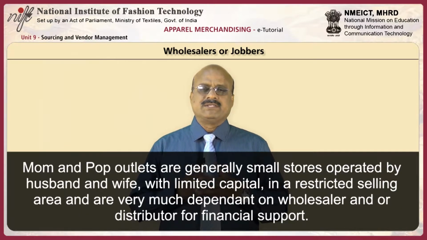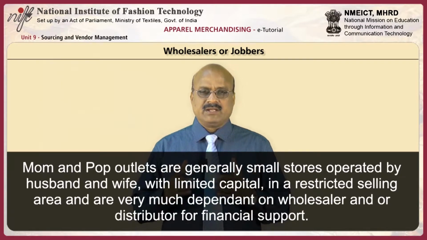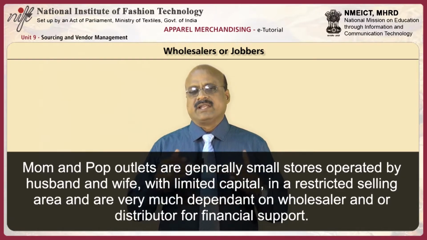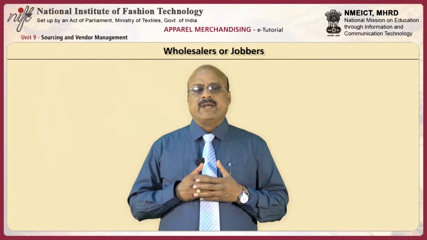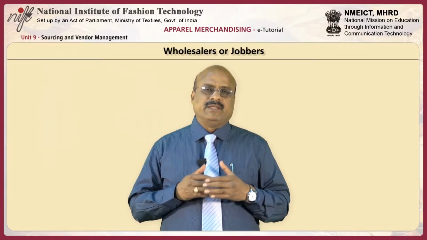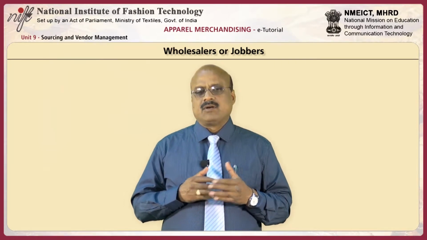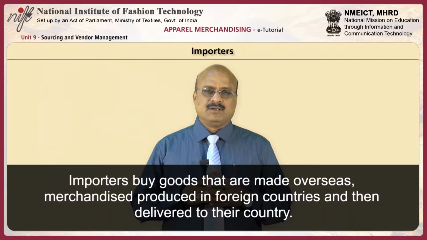Mom and pop outlets are generally small stores operated by husband and wife with limited capital in a restricted selling area, and are very much dependent on the wholesaler or distributor for financial support. Sometimes wholesalers offer to buy closeout or promotional goods. They buy at the end of the season at a discount, in mixed colors and sizes.